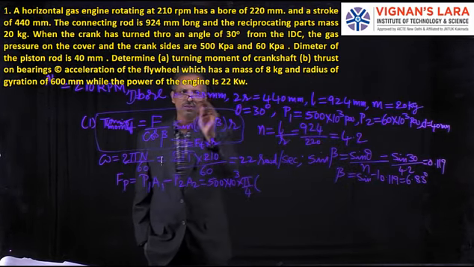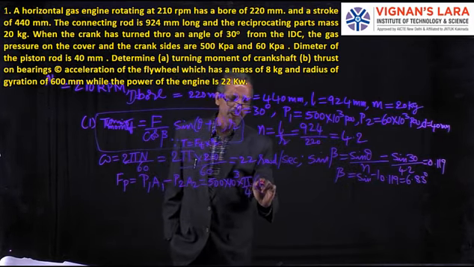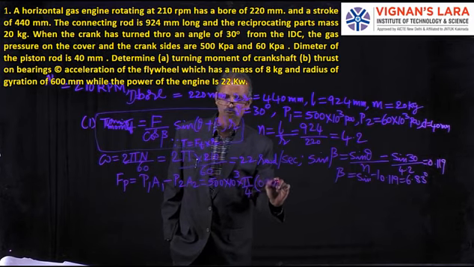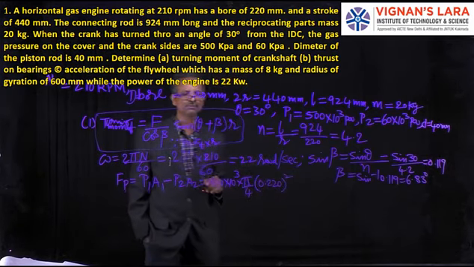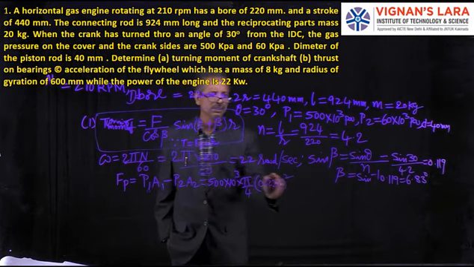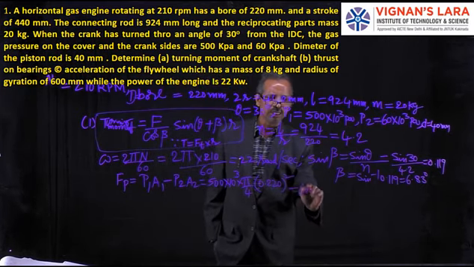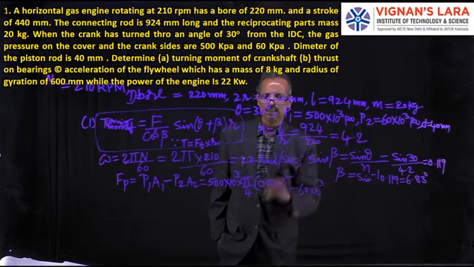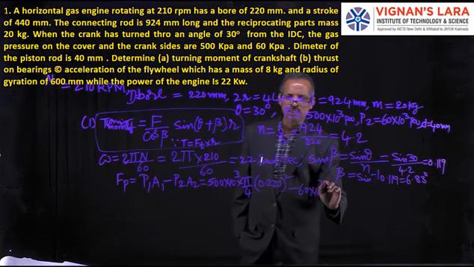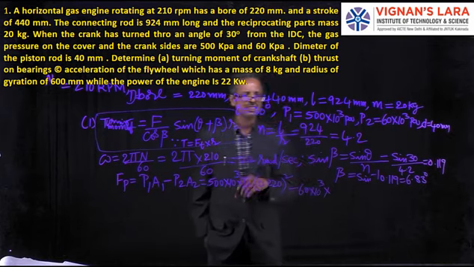Pi by 4 d square, and let me write it in meter, 0.220 whole square minus P2, 60 into 10 power 3, and this is on the rod side, cover side and rod side.